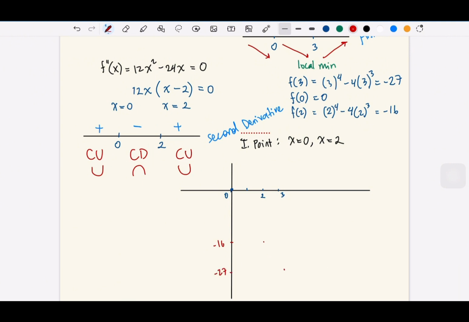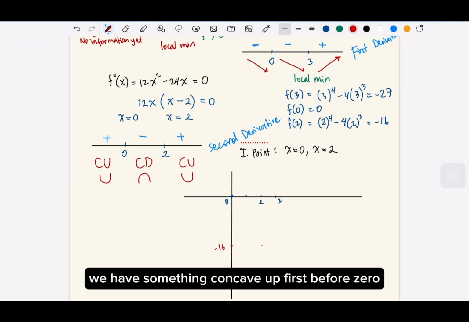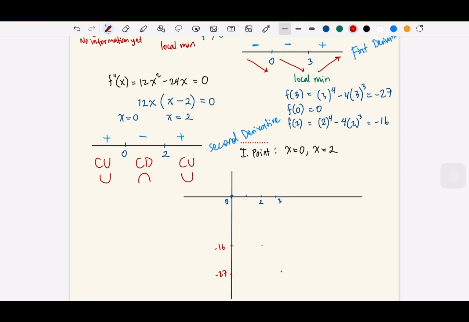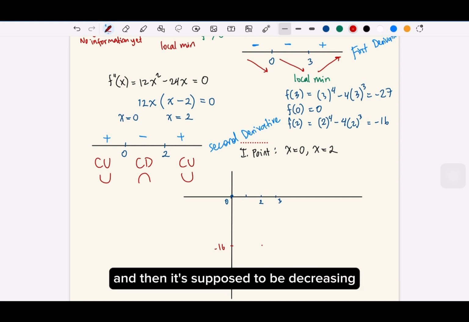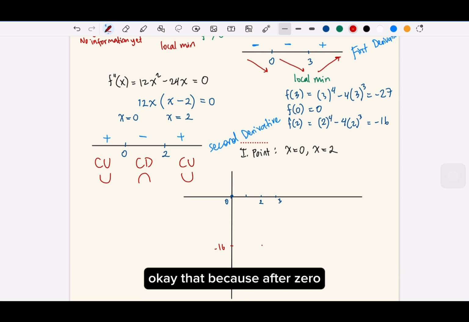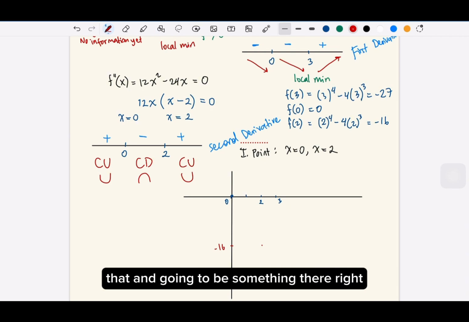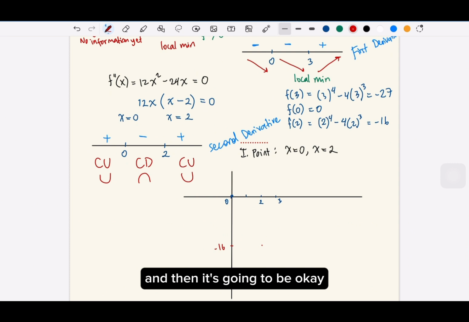It says that we have something concave upwards before 0, and then it's supposed to be decreasing. It should be crossing 0 because at x equals 0 the value is 0. So the only possible way is to draw something like that, because after 0, it's supposed to be going downwards. And then it's going to be concave upwards.